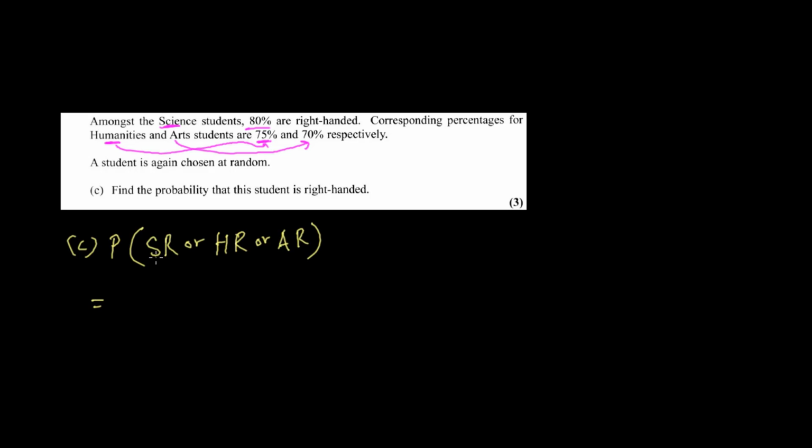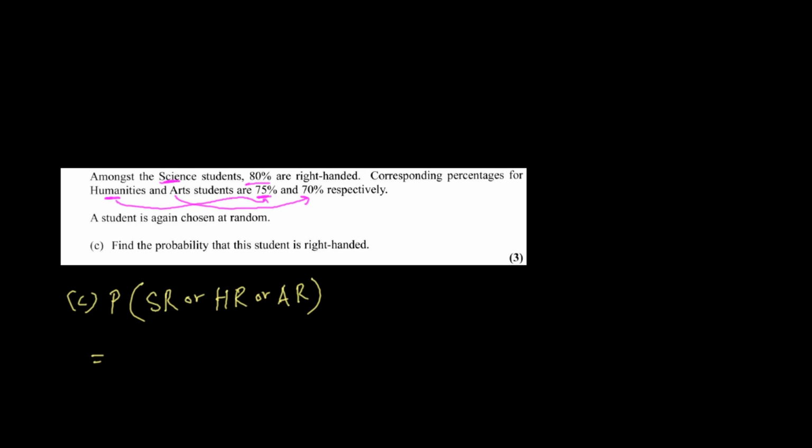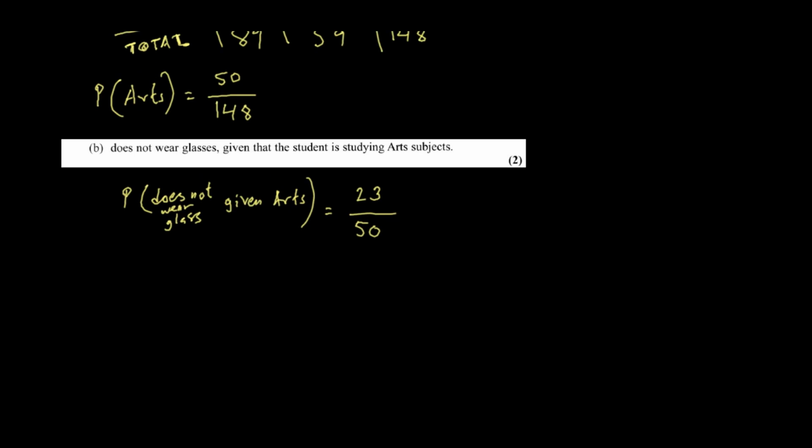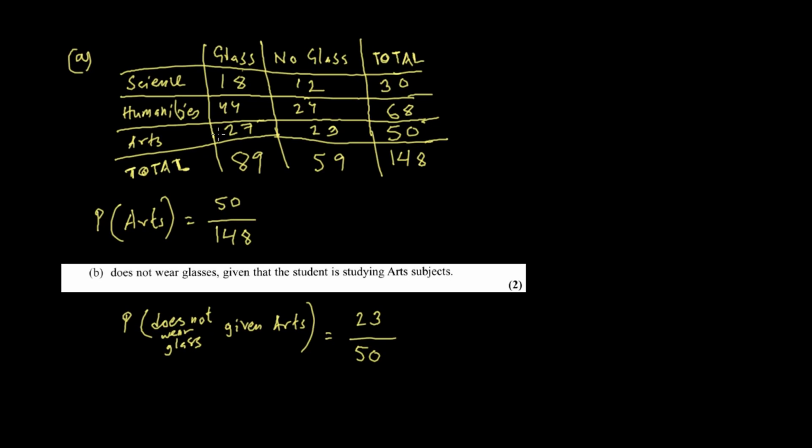So we know the probability of a person being a science student. Let's check the table. Probability of being a science student: there are altogether 30 science students. That's the event, and there are 148 students.